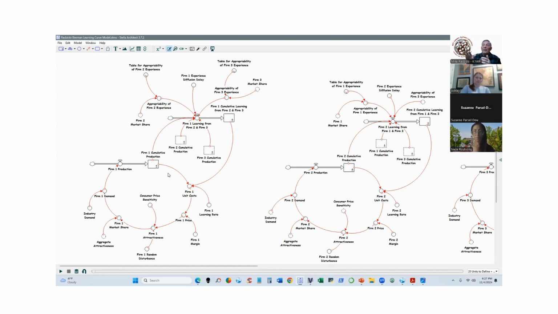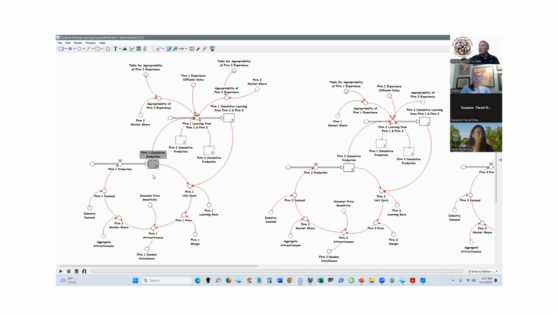Now you can say, I don't want to do that, I want to make more profits. But if your strategy is to take market share, then learning by doing and hence lowering your costs is one possible strategy. So the more you produce, this is firm one, the stock is accumulating all of the widgets that firm one is producing.